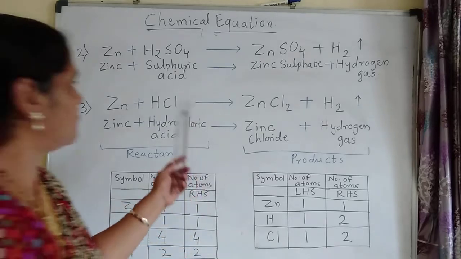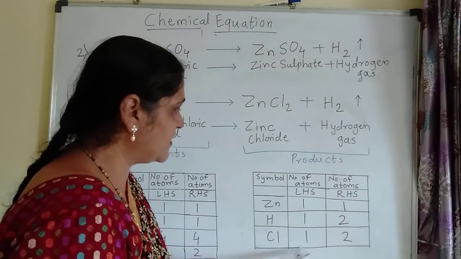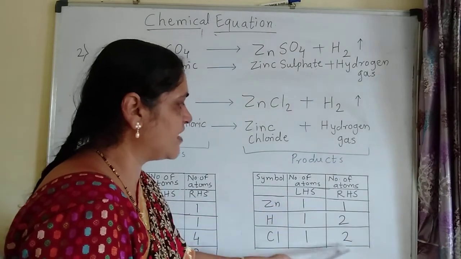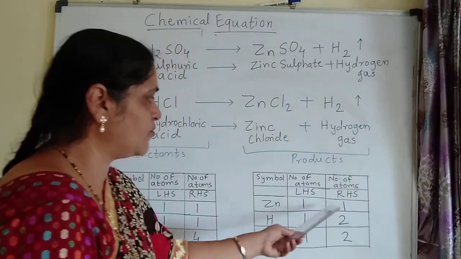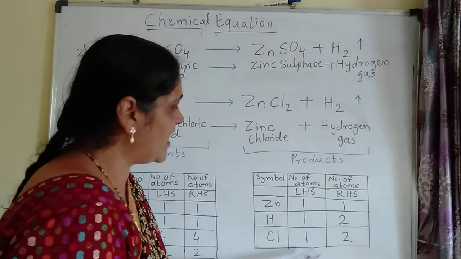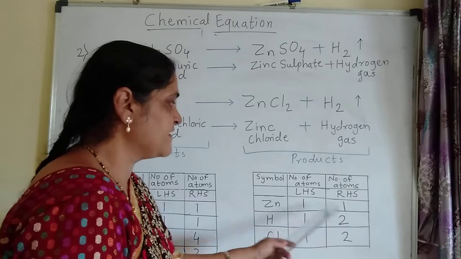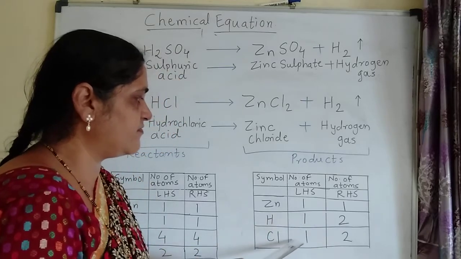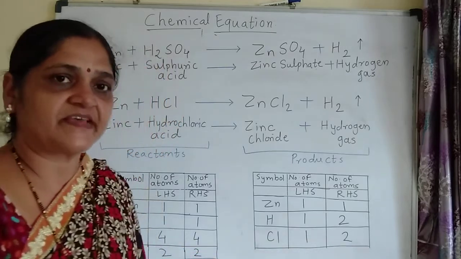But when you check the third reaction, you will find that the number of atoms on LHS and the number of atoms on RHS are different. Only zinc has the same number on both sides, but the hydrogen and chlorine numbers differ between LHS and RHS. So LHS has only 1 hydrogen and 1 chlorine, while RHS has 2 hydrogen and 2 chlorine atoms.